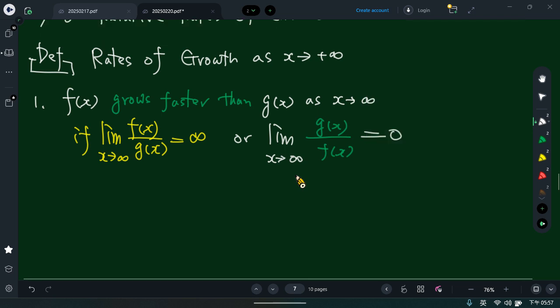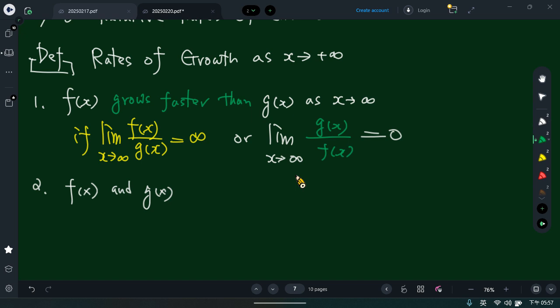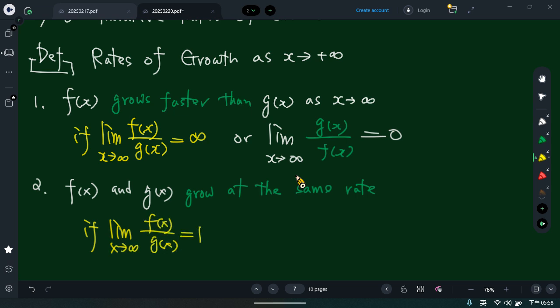Then we say f(s) and g(s) grow at the same rate if the limit as s approaches positive infinity of f(s) over g(s) is equal to L, where L is finite and positive.